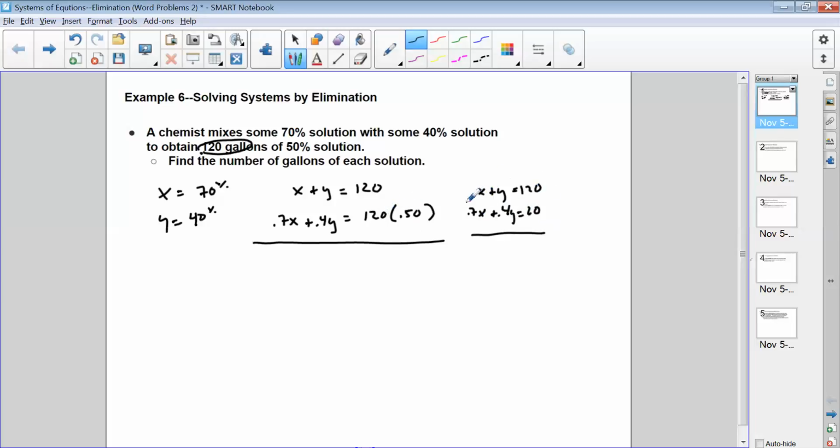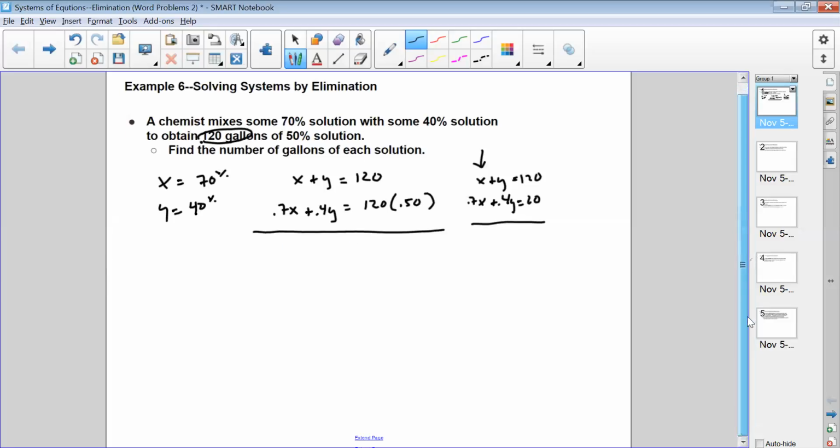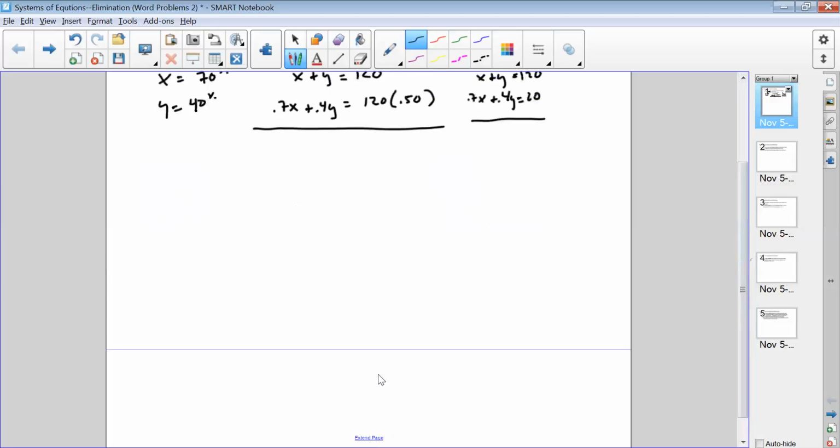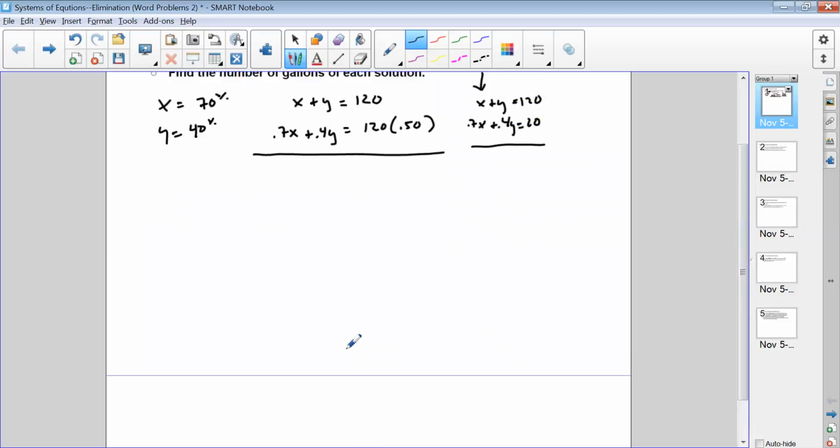So you need to decide which variable you want to eliminate. I'm just going to roll with eliminating the X variable. So I'm going to multiply the top equation by 7/10.